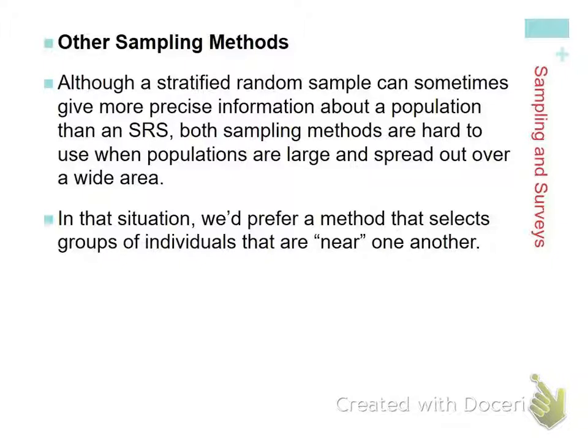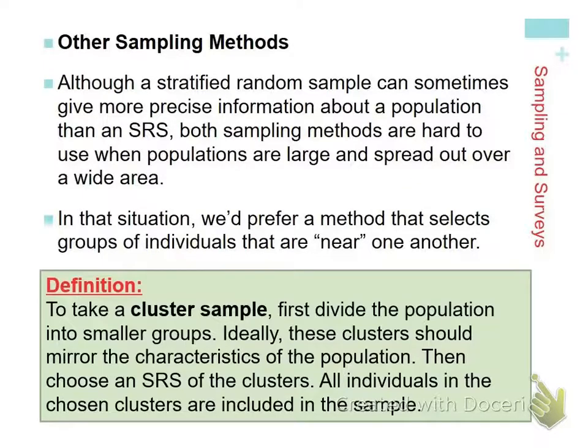So that being the case, if we want to try to create a sampling method that would make it a bit easier to go actually get our participants, then we can use what's called a cluster sample, right? Here is where we're going to section off the population into smaller groups called clusters. And hopefully the idea behind sectioning off these smaller groups is that the smaller groups still very much look like the population.